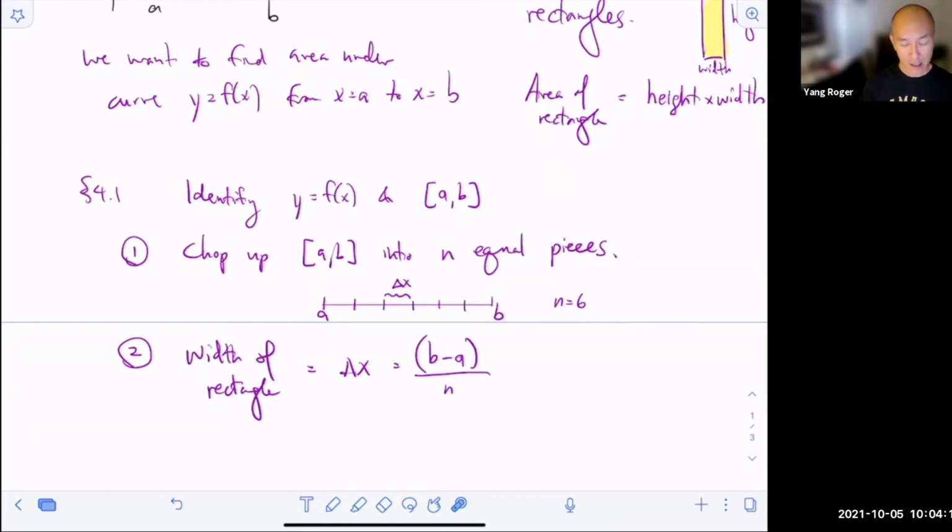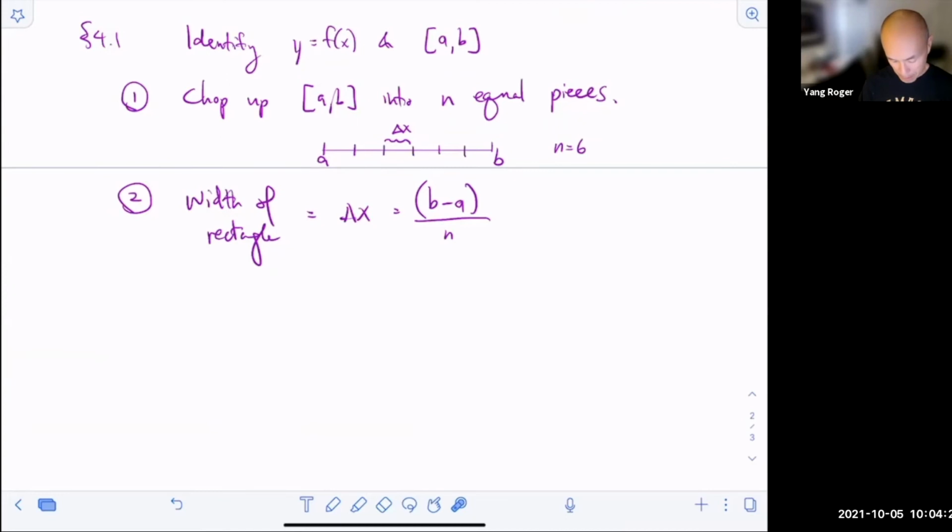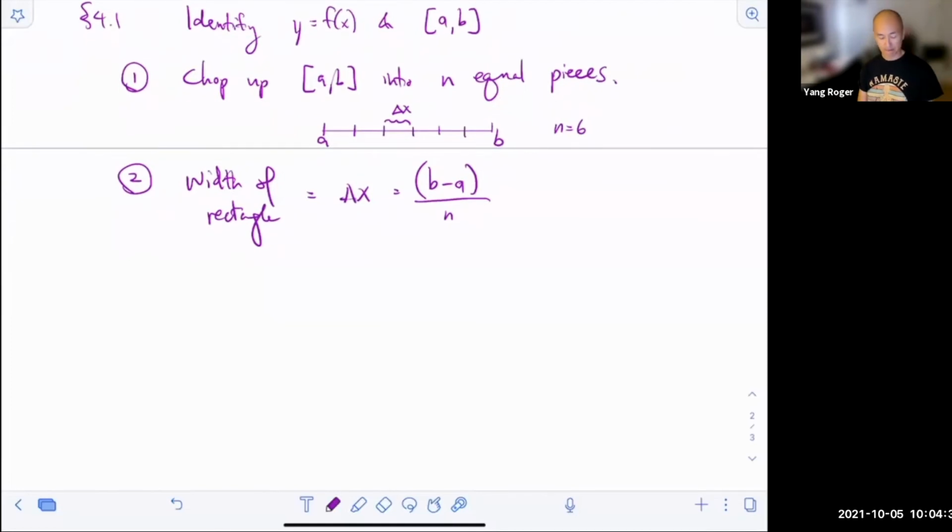Okay. So after we found the width of the rectangle, what we want to do next is formulate something called the Riemann sum.